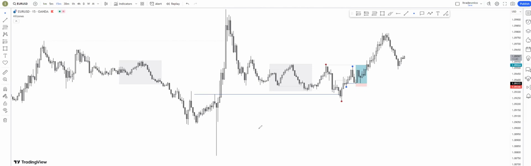We have our range, no internal range liquidity, creates that liquidity, is swept, and now we go. Which kind of range is this? T2, right? That's what exactly we have.